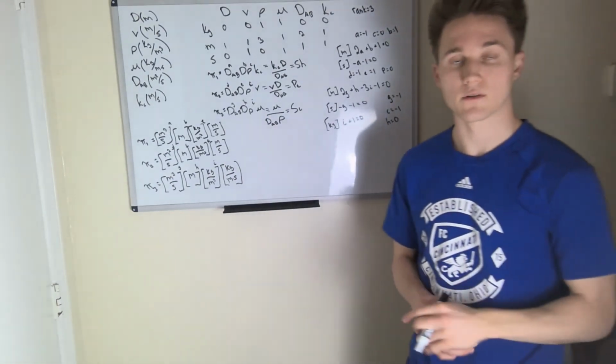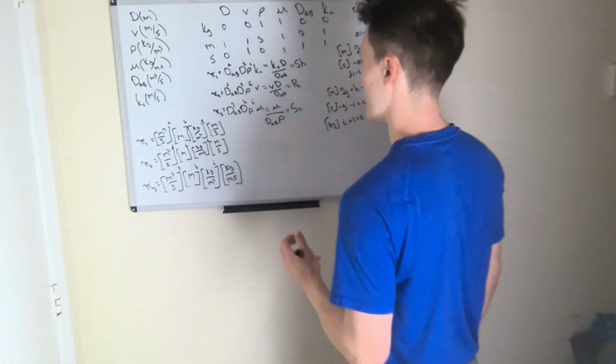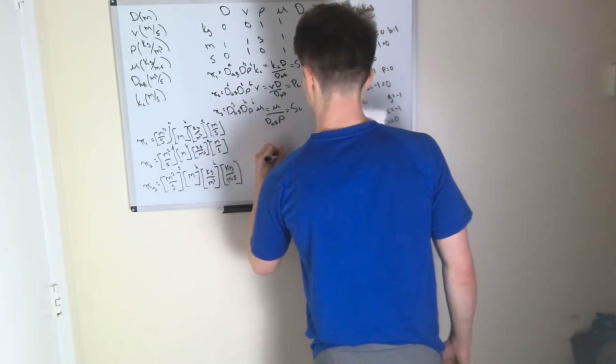And so to obtain Reynolds number, we're going to divide pi 2 and 3.